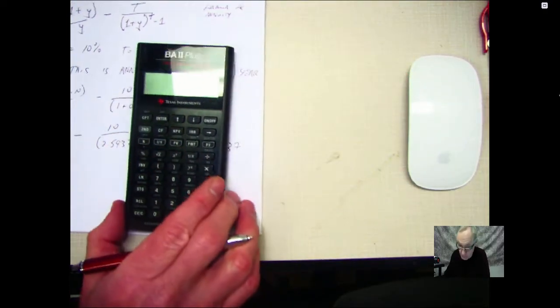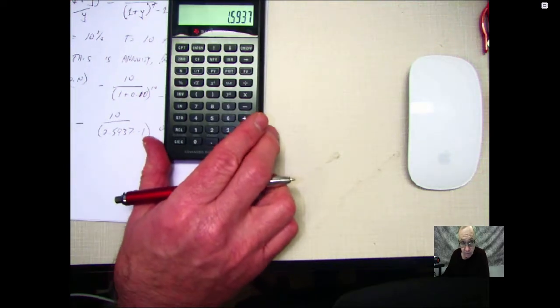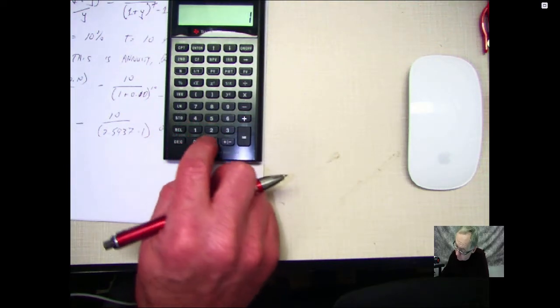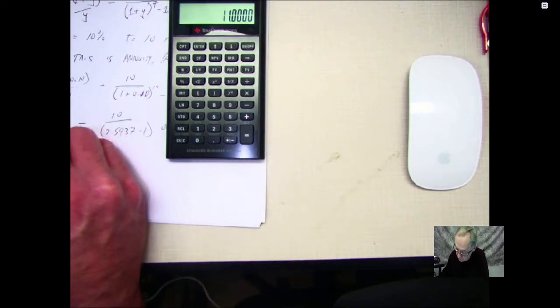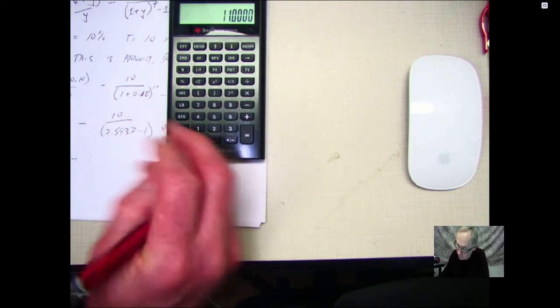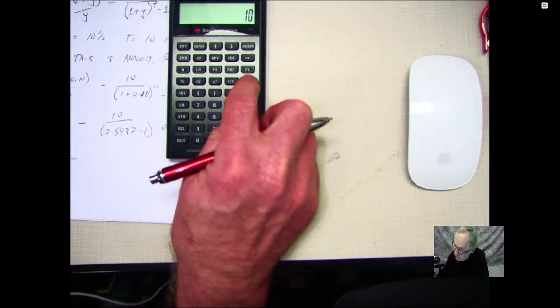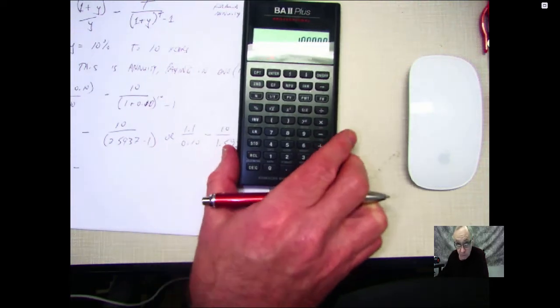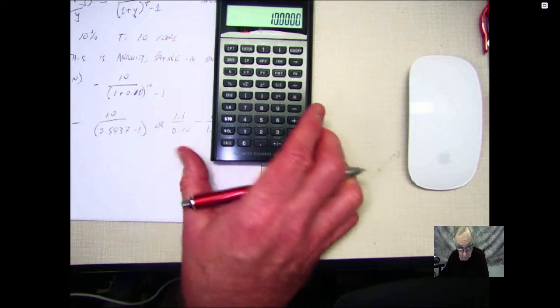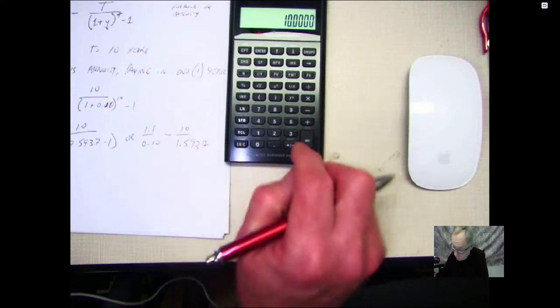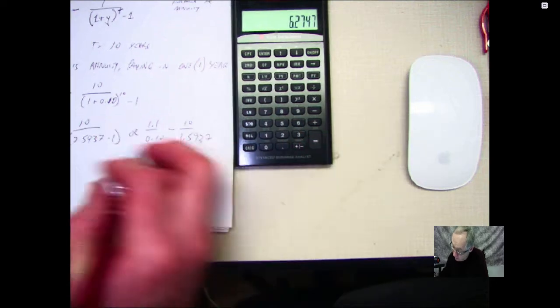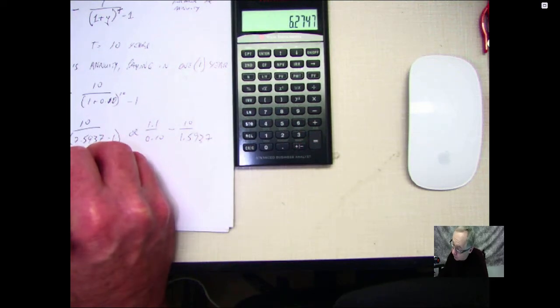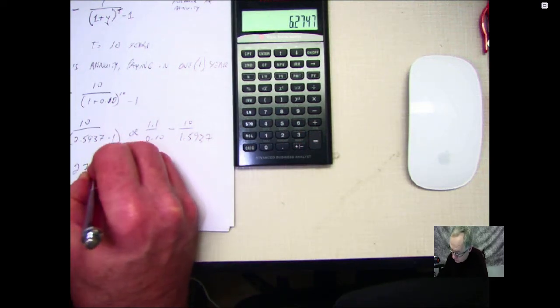So coming back to the first part of our equation, 11 minus 10 divided by 1.5937, which is 6.2747.